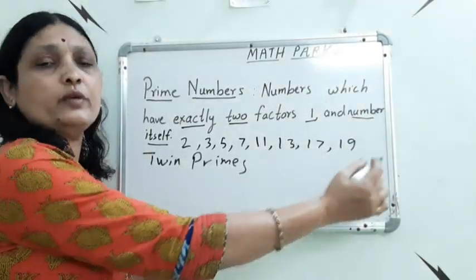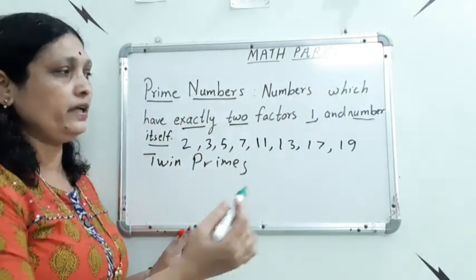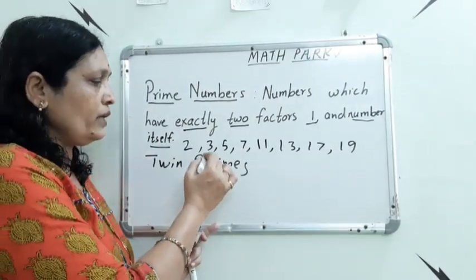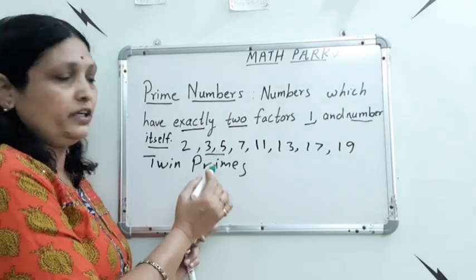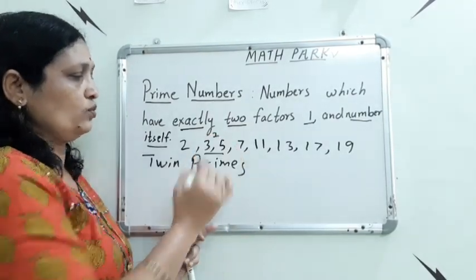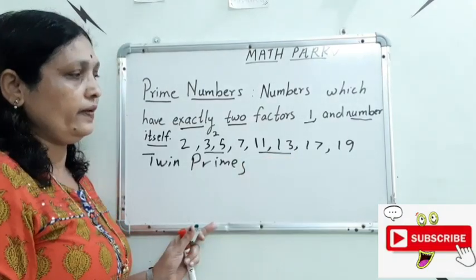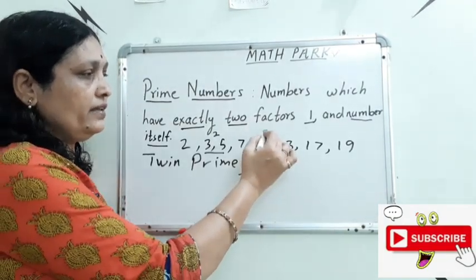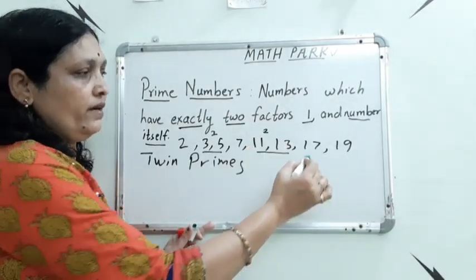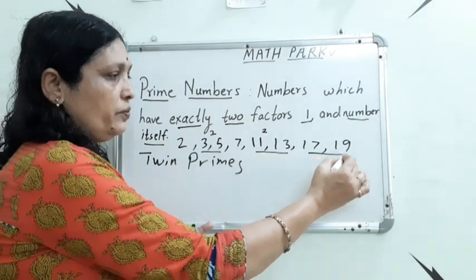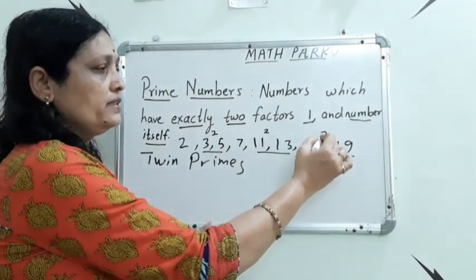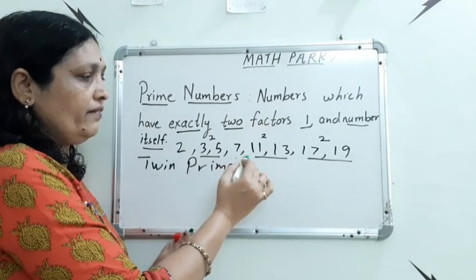So let us take the prime numbers between 1 and 20. You can see here 3 and 5. The difference between 3 and 5 is 2. Again, you can see 11 and 13 is another pair, where 13 minus 11, the difference, is 2. 17 and 19 is another twin prime. The difference between 19 and 17 is 2. Now 7 and 11, the difference is 4.